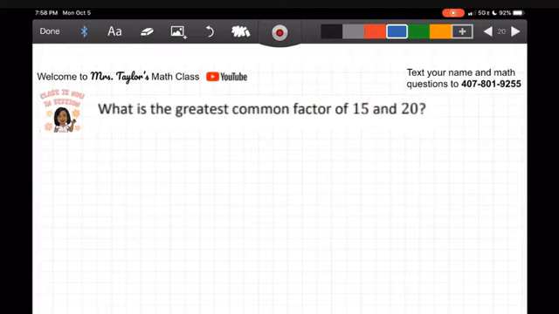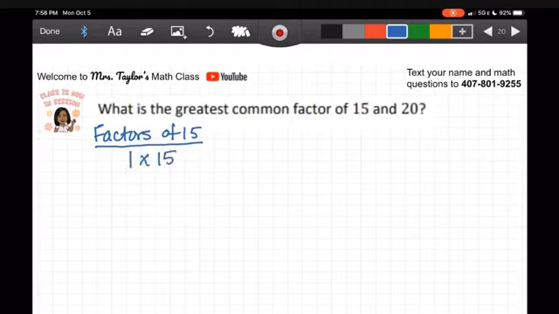So this is when you need to know your times table. So what are your factors of 15? Well, I know I could do 1 times 15, and I could do 3 times 5. Okay, are there any more? No, there aren't any more.